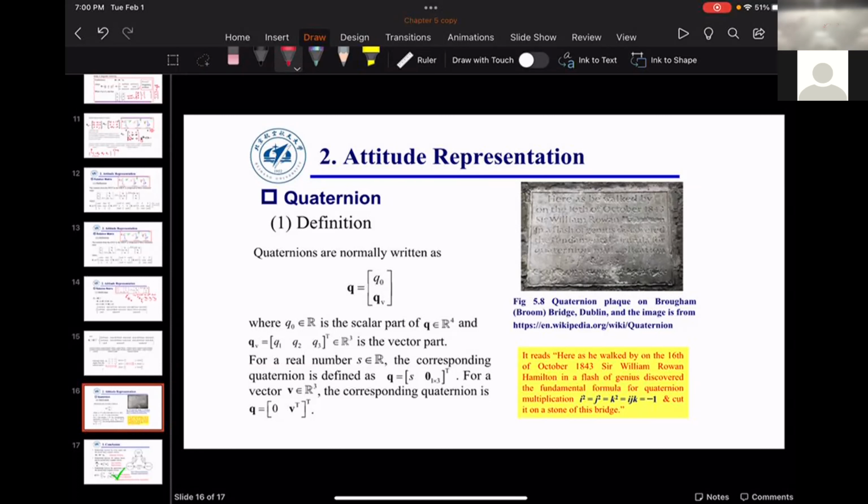And then the beauty of Quaternions is that, just like Euler angles, which suffer from singularities, Quaternions don't suffer from singularities. So Quaternion implementation is much more elegant. The only issue with the Quaternion is you can't visualize it.